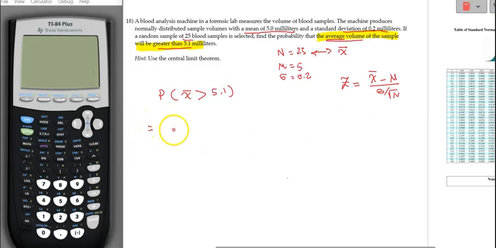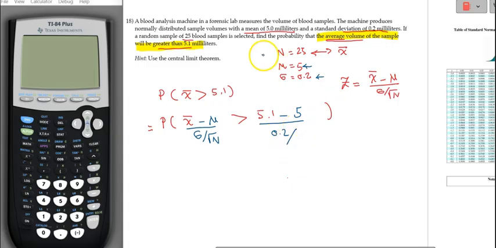It's pretty straightforward. You write the probability, leave a space, greater than 5.1, and then you standardize both sides, right? On the left hand side you write down the formula: x bar minus the mean divided by sigma divided by radical n. On the right hand side you apply the numerical values, so 5.1 minus the mean, which is 5, divided by sigma, which is 0.2, and divided by radical n, which is radical 25.